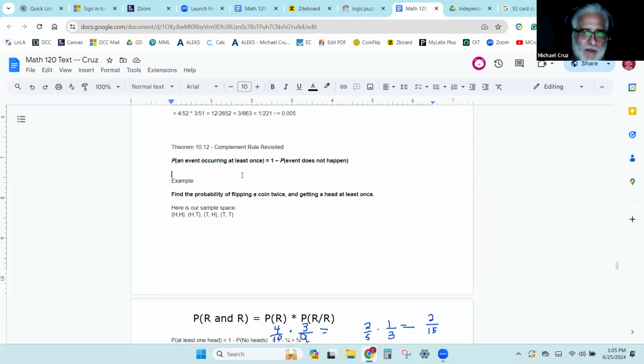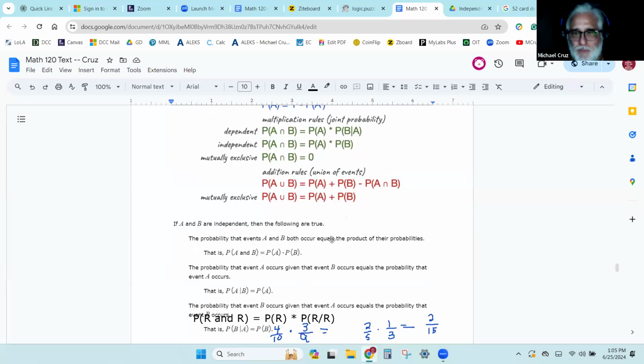But anyway, this is the complement rule. It's just written slightly different. So just remember, and I've got the rules, they're going to all be summed up down here. But an event occurring at least once is the same as one minus the probability that the event does not occur. So that's one of those take-to-the-bank kind of things.